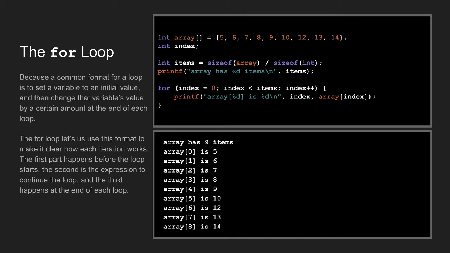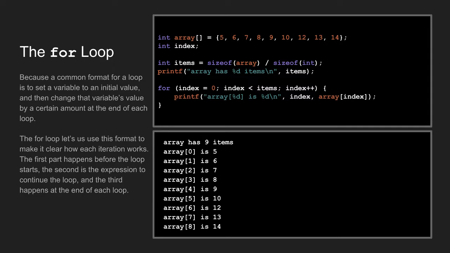So we have for, the first section before the first semicolon tells us what the initial state of our loop is. In this case, we're setting index to 0. That statement is executed before the loop starts.